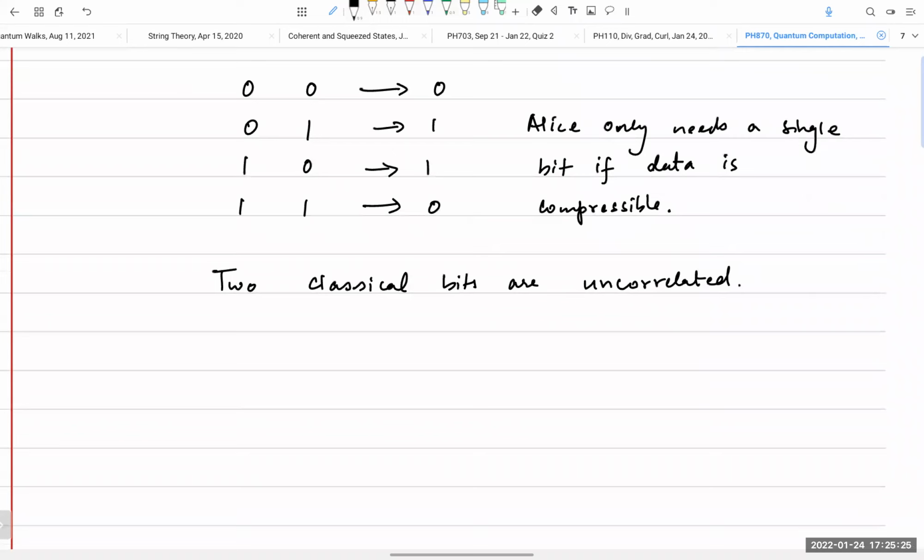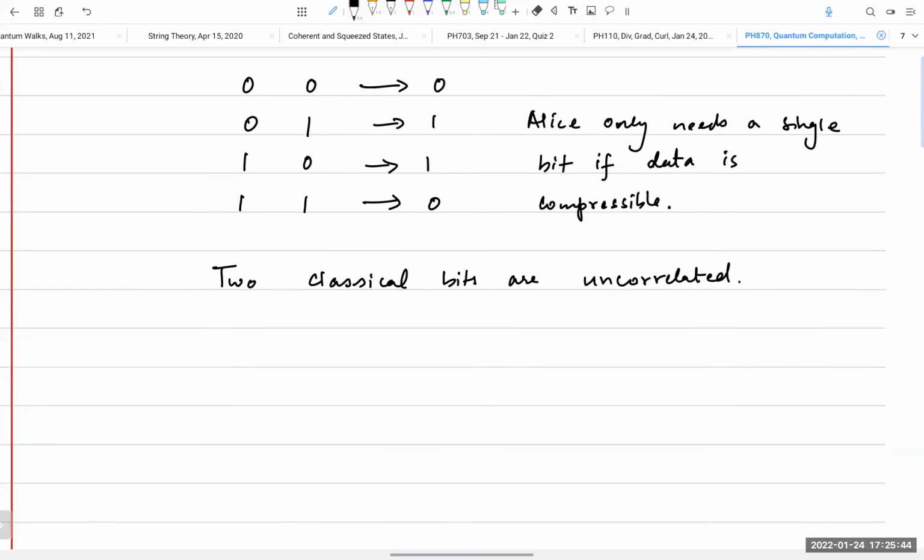This also tells you, by the way, that data which is maximally compressed, if you look at the different components, you'll find that the correlations between the different components will be very small.